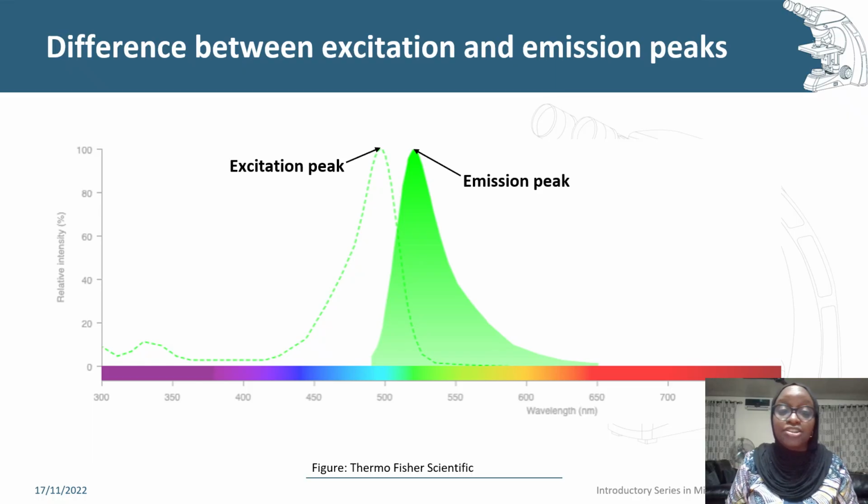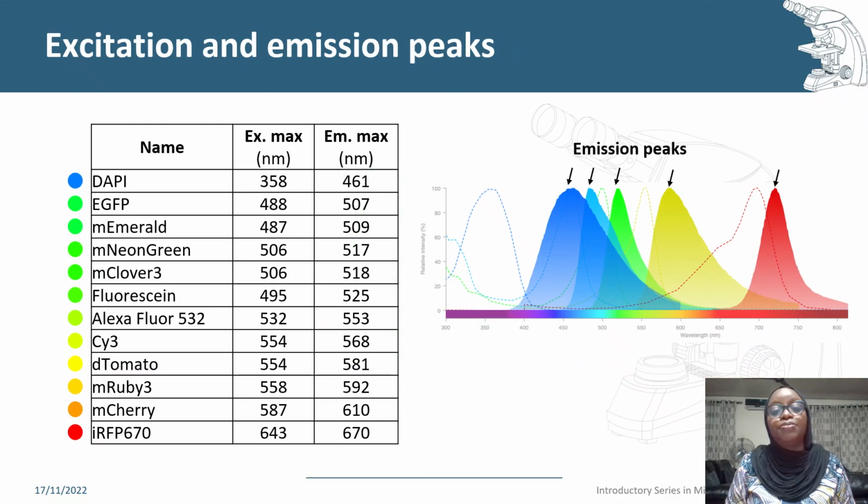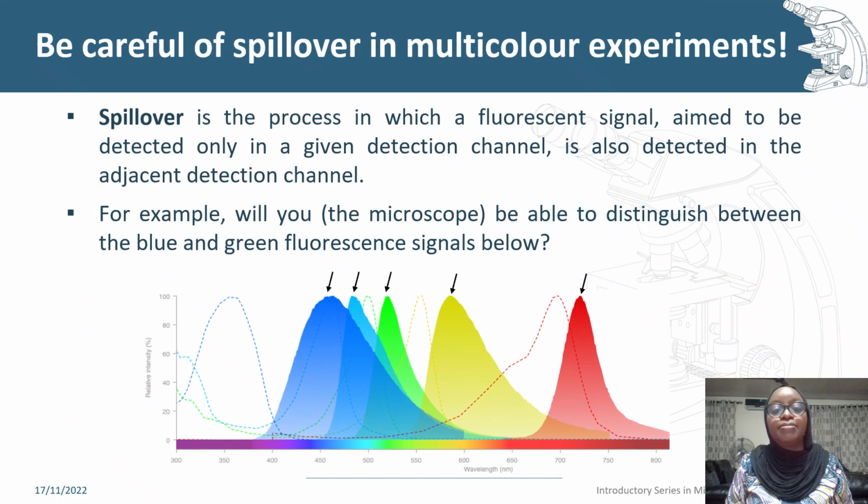That is, the difference between the excitation peak and the emission peak is called Stokes shift. One of the important properties of a fluorophore is the excitation and emission peaks. This will be very important when using a microscope to detect signal.